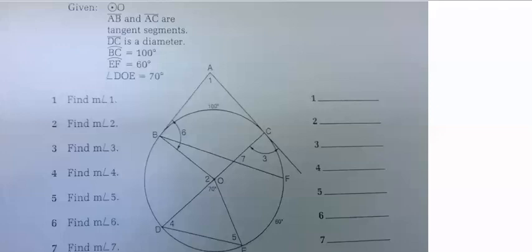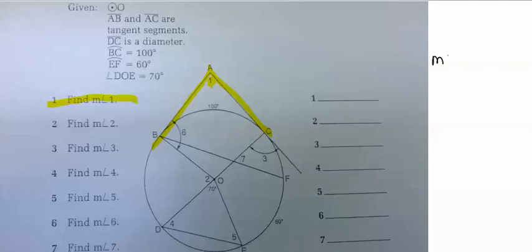Let's start with the first one. We have angle 1. Angle 1 is right here, and it's also up there, and you'll notice that it's formed by AB and AC, which are both tangent segments. We'll find that angle by using the tangent-tangent formula, which subtracts the inside arc from the outside arc and divides by 2.